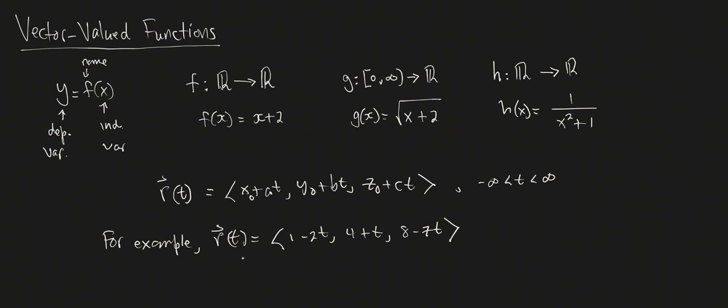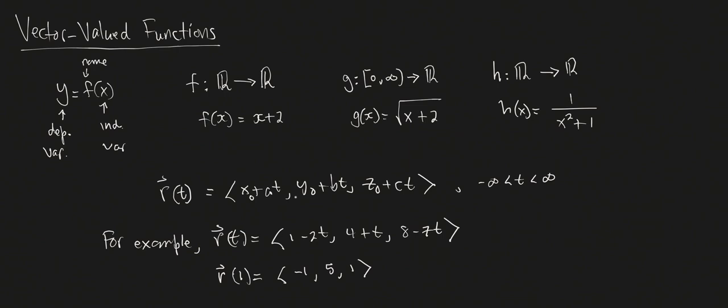Well, if I evaluate this at a specific value of t, so if I plug t equals 1 in, I am going to get this vector. It'll be 1 minus 2, which is negative 1, 4 plus 1, that's 5, and then 8 minus 7, that will be 1.